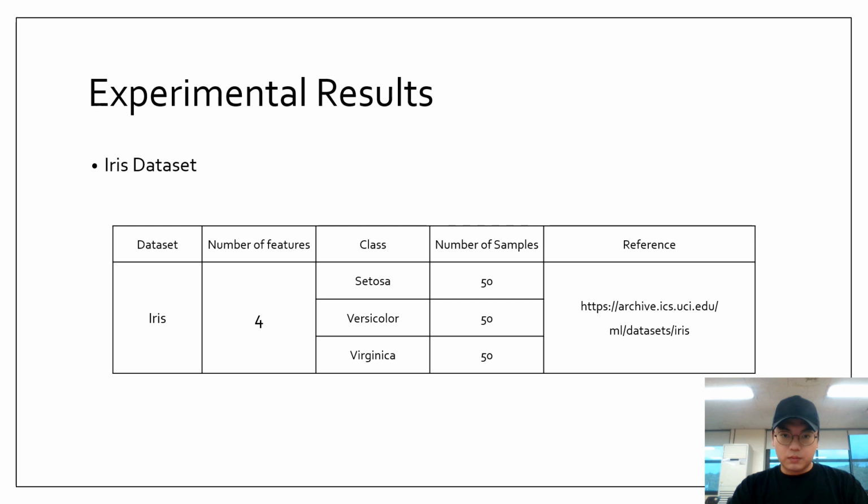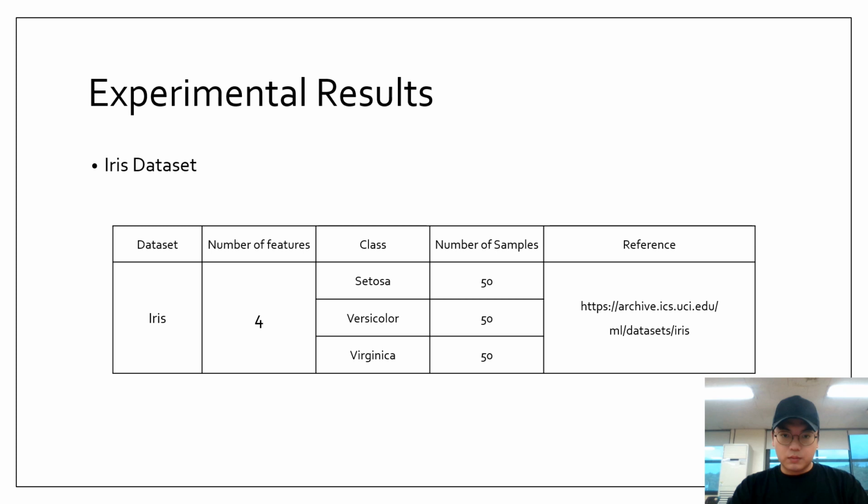Experiments were conducted using the Iris dataset to examine the final equation of distance measurements between normal distributions, considering multi-class classification. The Iris dataset has 3 classes, and each class has 50 data samples.